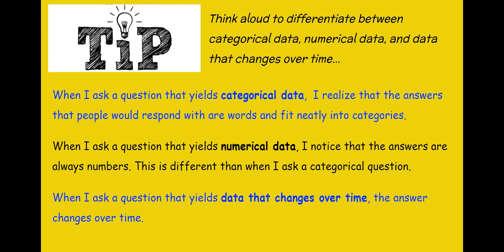When I ask a question that yields numerical data, I notice that the answers are always numbers. Some kind of math is involved. This is different than when I ask a categorical question. And then last but not least, when I ask a question that yields data that changes over time, I notice that the answer always changes over time.